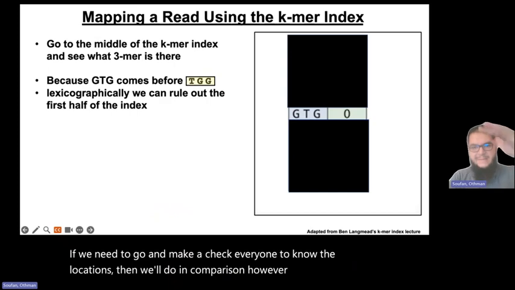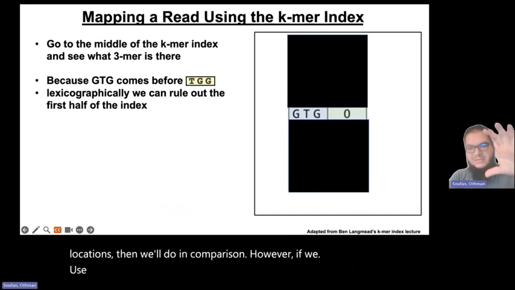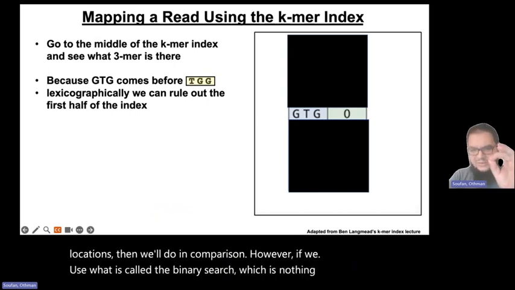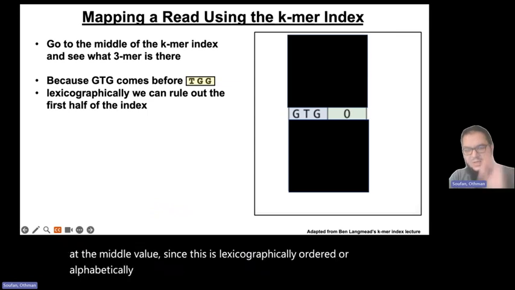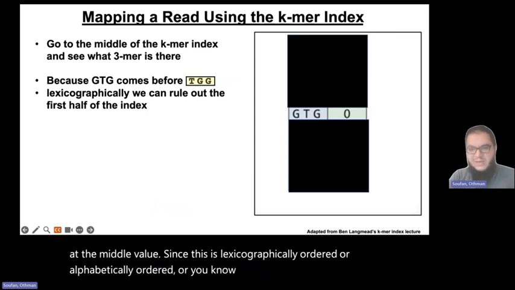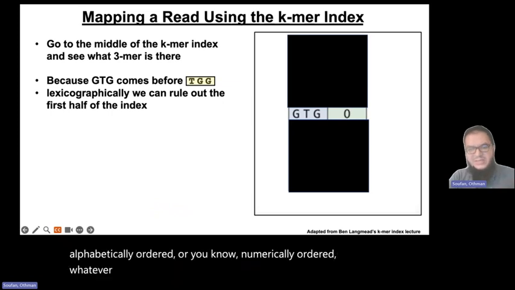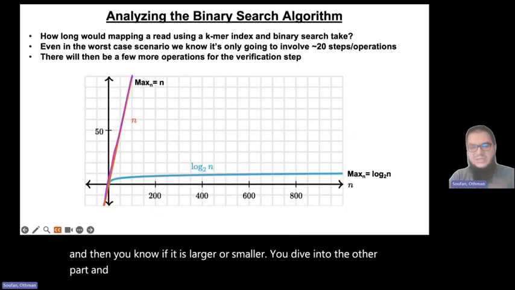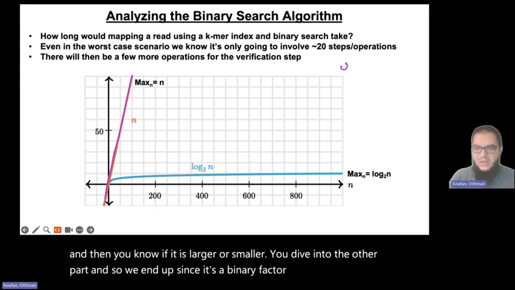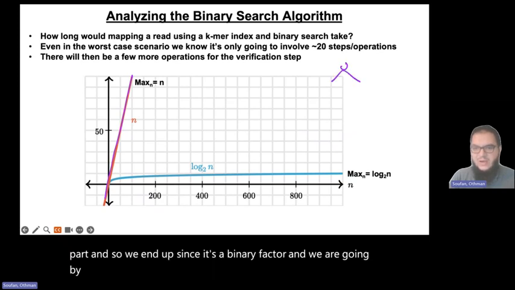However, if we use what's called binary search, which is nothing except looking at the middle value, since this is lexicographically ordered, or alphabetically ordered, or numerically ordered, whatever the ordering technique, look into the middle value, and then if it is larger or smaller, you dive into the other part. Since it's binary, and we are going by either left or right, we end up with what's called a binary tree.